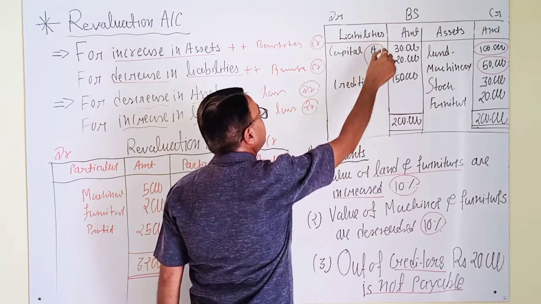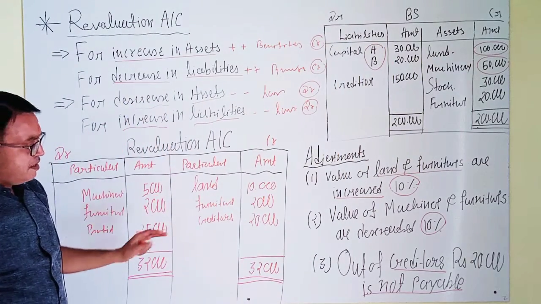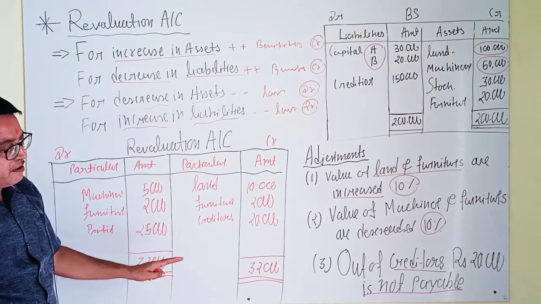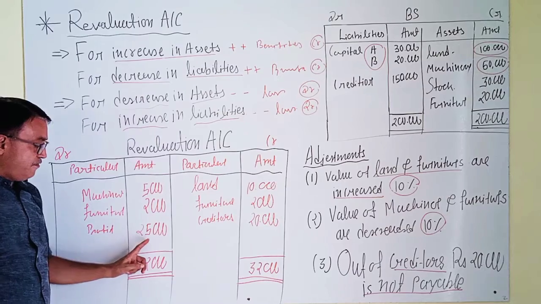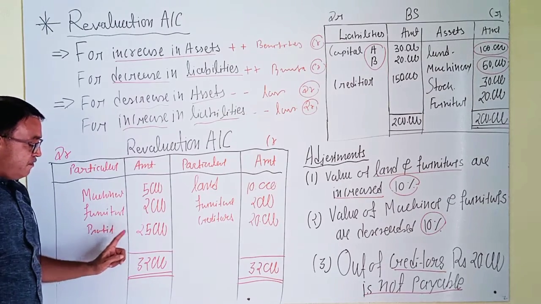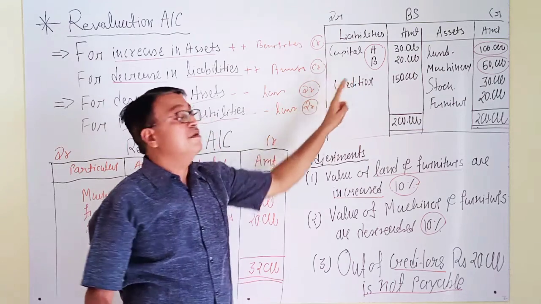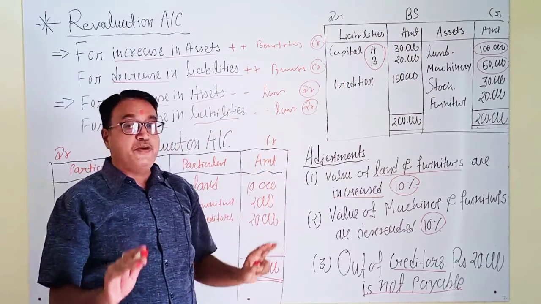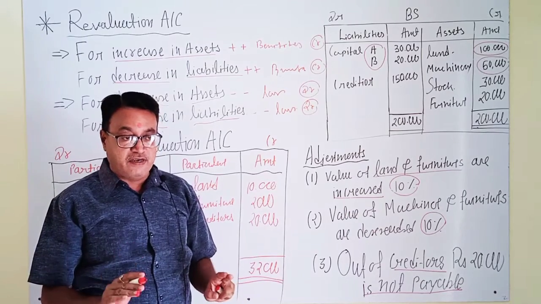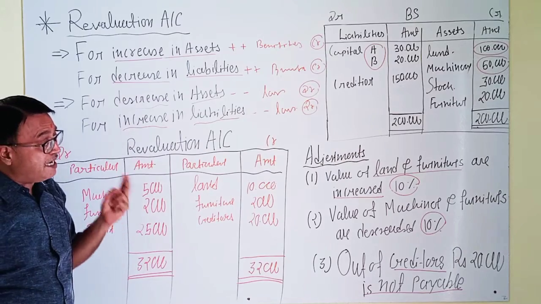Here are two partners, A and B. Here I have not prepared the capital account, but if we prepare it, then the 25,000 profit will be distributed between partners A and B. In the first chapter, you know that if the proportion of profit and loss is given, then 25,000 will be distributed in that ratio.